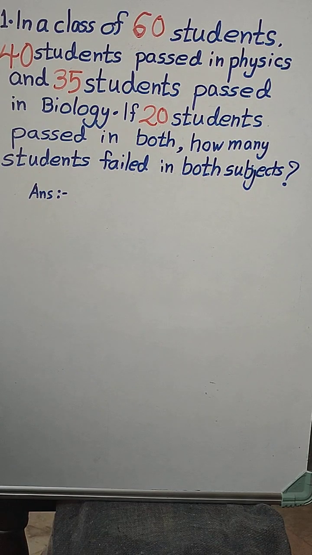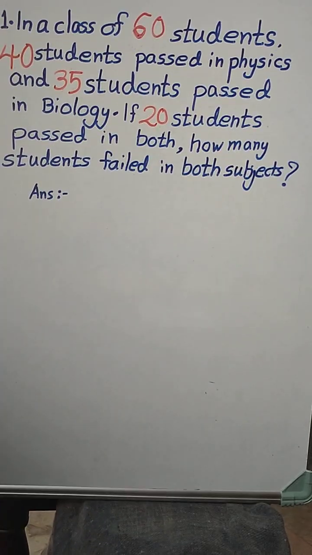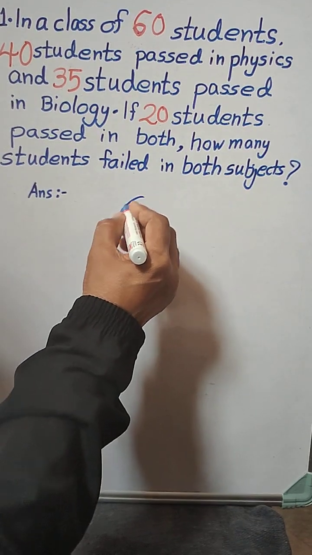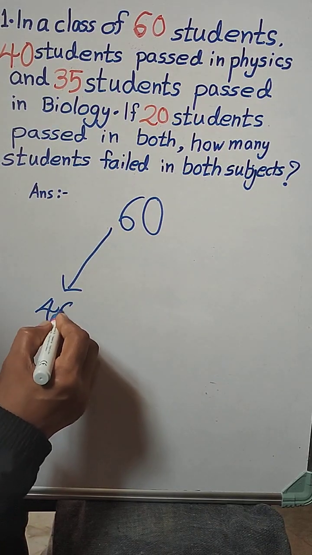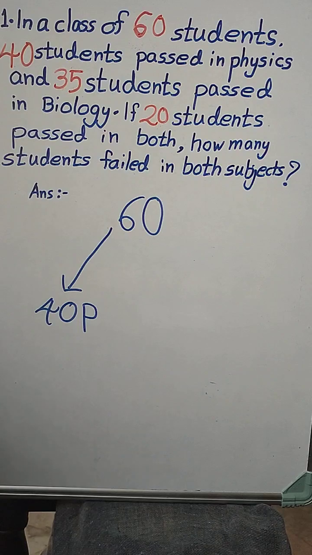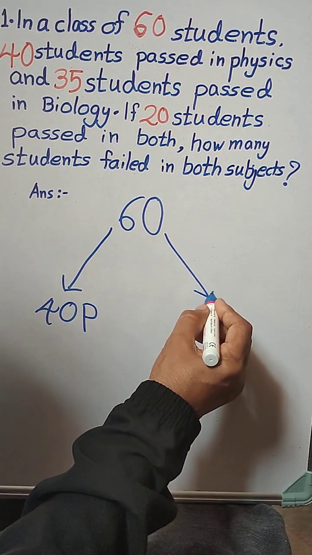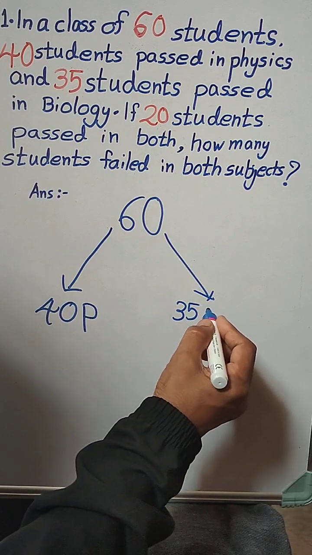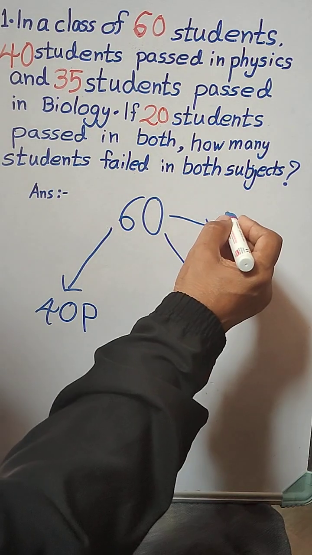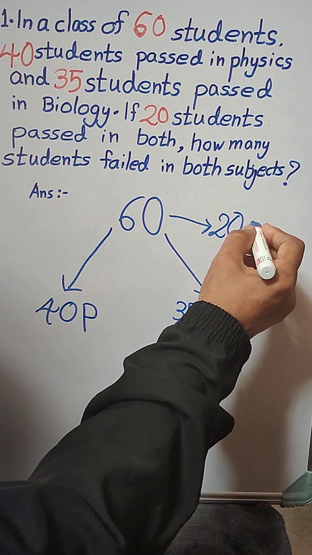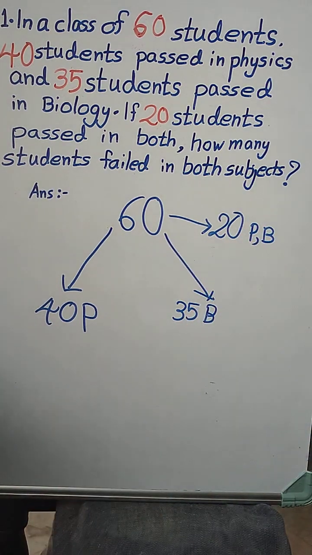Here, since the numbers are large, we cannot use these figures. So we are doing this only with the numbers. There are 60 students, 40 passed in physics, 35 passed in biology, and 20 passed in physics and biology.